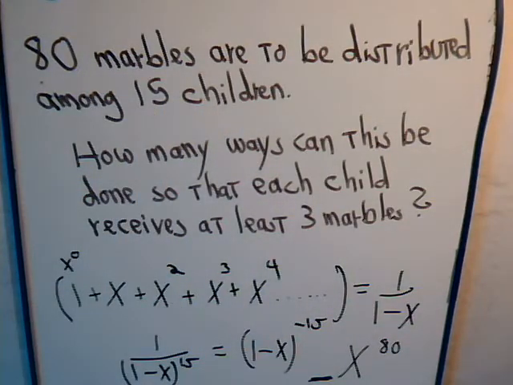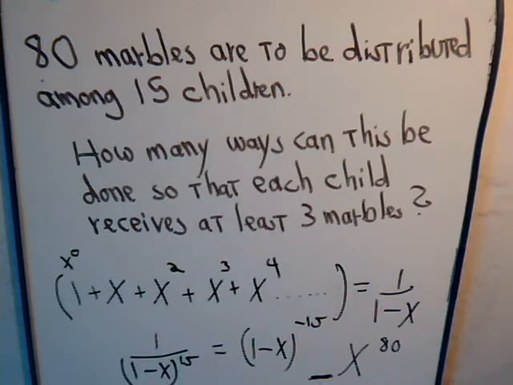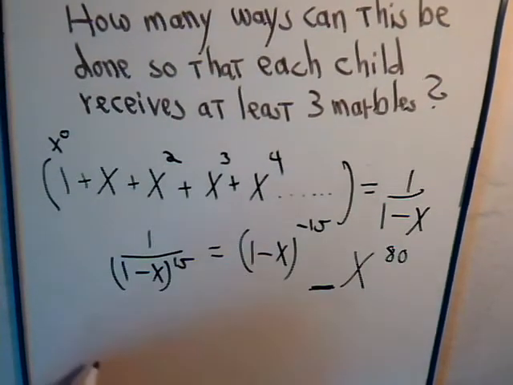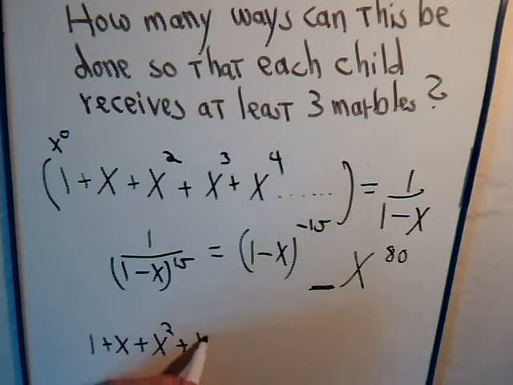Now, if one child could receive no more than, say, 4 marbles, then for that particular child the generating function would be 1 plus x plus x squared plus x cubed plus x to the 4th.